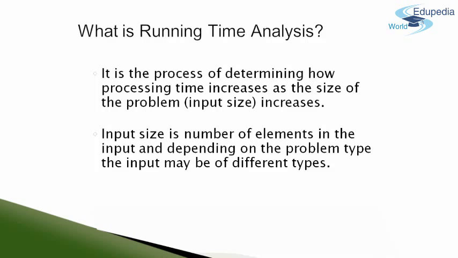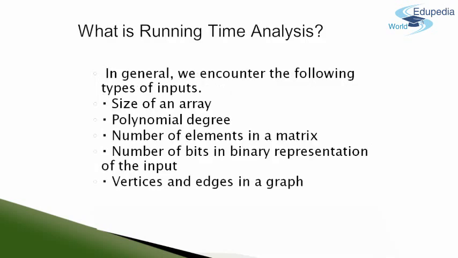Well, input size is just the number of elements in the input, and depending on the problem type, the input may be of different types. In general, we encounter the following types of input. This is just a generic representation. For example, the size of an array. The size of an array could be really small, like one or two elements, or it can be huge, up to 1 lakh elements. Then we have polynomial degree. Then we have the number of elements in a matrix.